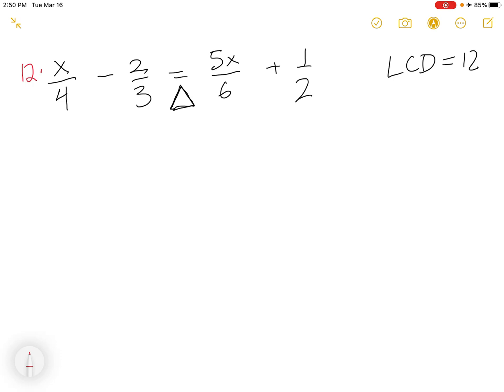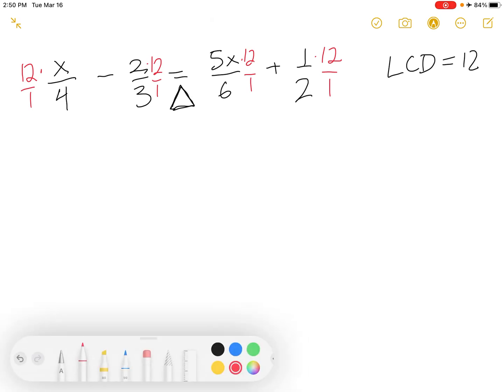So times 12, times 12, times 12, times 12. Now with numbers, what's nice is, and remember this is like 12 over 1, that everything cancels. So I'll take the extra step here.